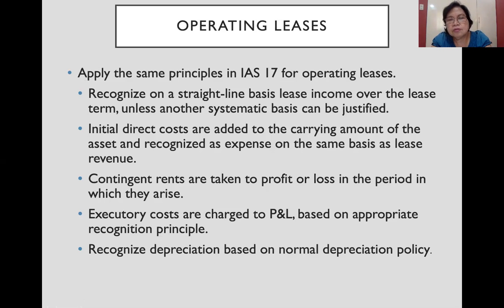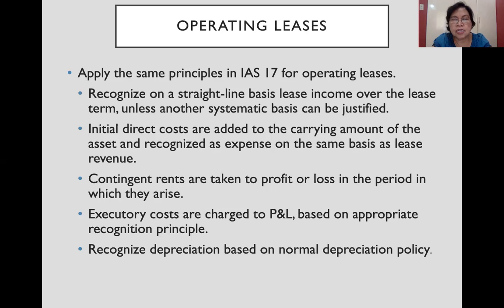First, you are to recognize on a straight line basis lease income over the lease term unless another systematic basis can be justified. So you have to determine the total periodic payments that will be collected by the lessor over the lease term. So even if the periodic rental is not uniform, let us say the lease term is for 3 years.